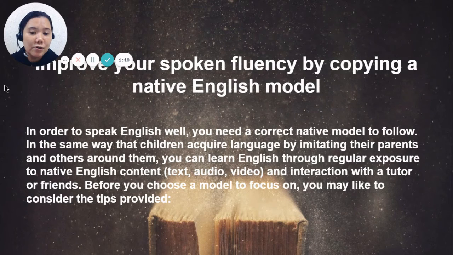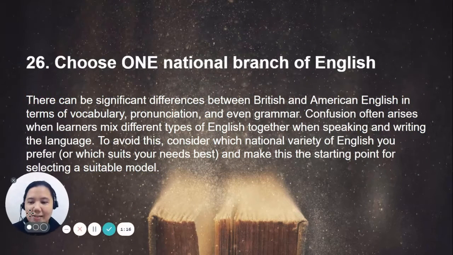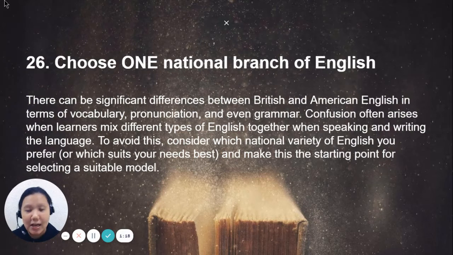So before you choose a model to focus on, you may like to consider the tips that we are going to provide. So let's have 26. Choose one national branch of English. There can be significant differences between British and American English in terms of vocabulary, pronunciation, and even grammar.